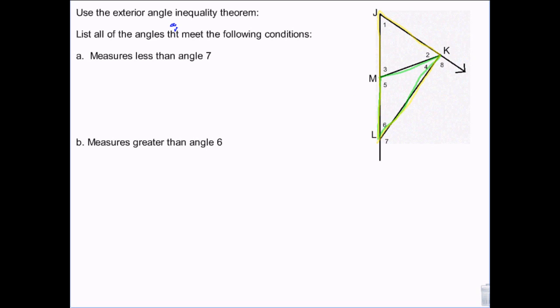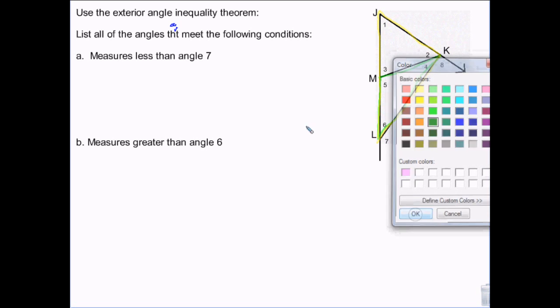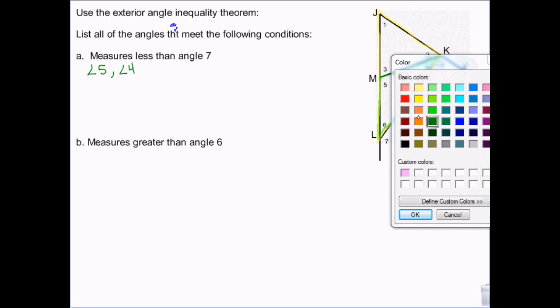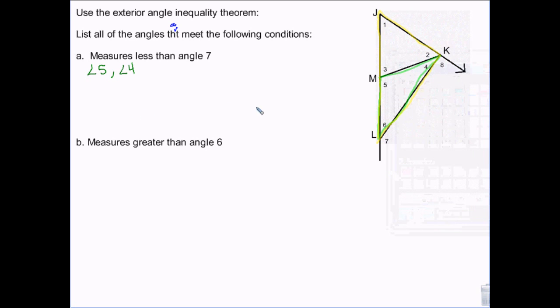So starting with the small green triangle, so we'll use green. Angle 7 is greater than angle 5 and angle 4, because those are on the opposite side. How about orange? And for the big yellow triangle, it's greater than angle 1.